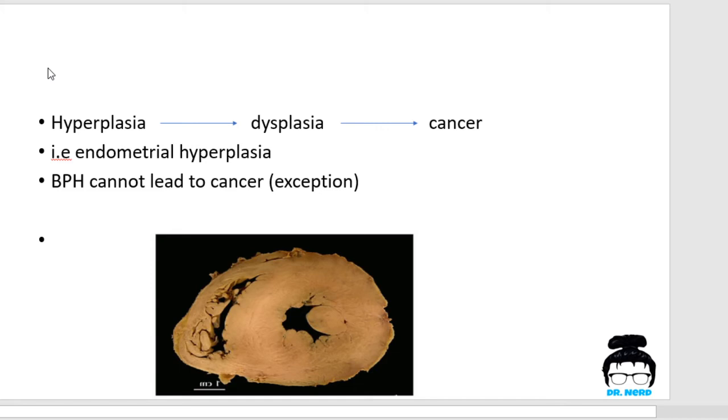But we also have an exception to this rule, which is prostatic hyperplasia. Prostatic hyperplasia cannot lead to cancer. It's impossible.